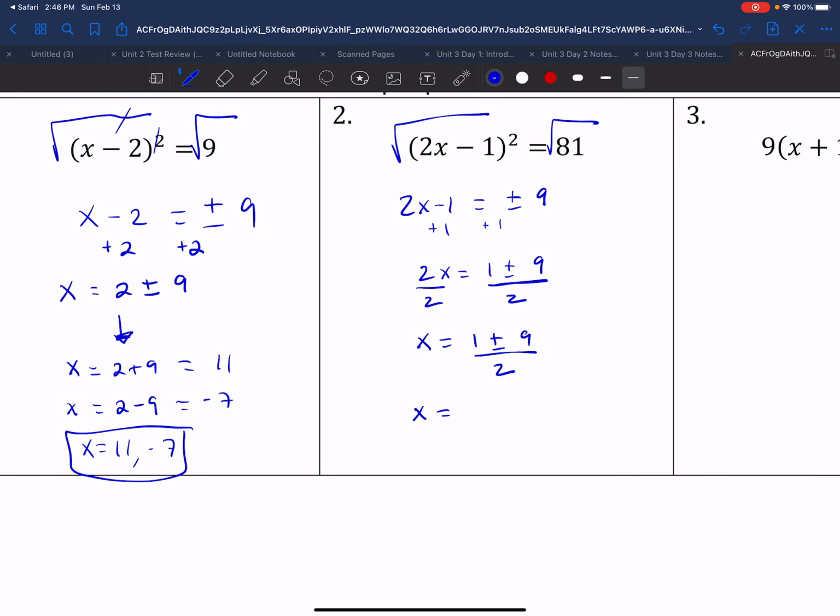Okay, so all I got to do is this. x is equal to 1 plus 9 over 2, and then x is equal to 1 minus 9 over 2. So weird, but I'm not changing anything. I'm just rewriting this. So I have 1 plus or minus 9, which is what I have here, and then I divide that by 2, and then 1 minus 9 I have right here, divide that by 2.